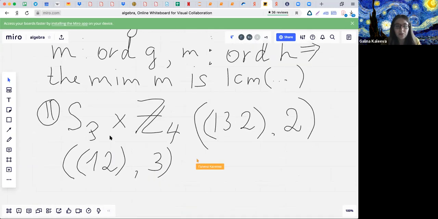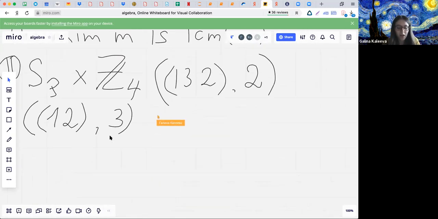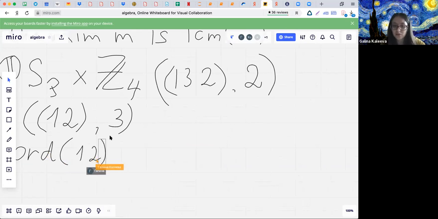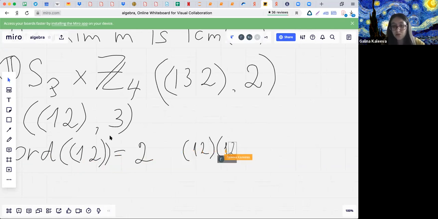First of all, for the first element. Firstly, we have to find the order of (1 2) in our group S3. What is the order of (1 2)? The order equals 2, because if I multiply (1 2) by (1 2) 2 times, I'll get the neutral element of our symmetric group, right? Yes.